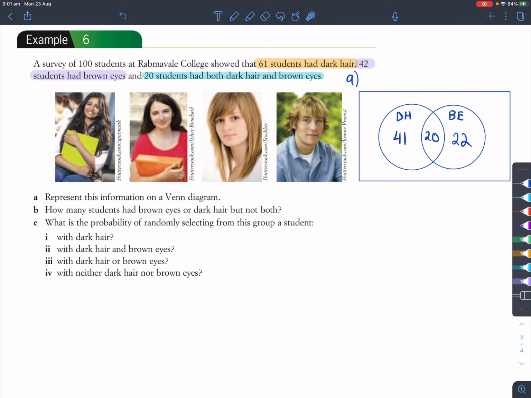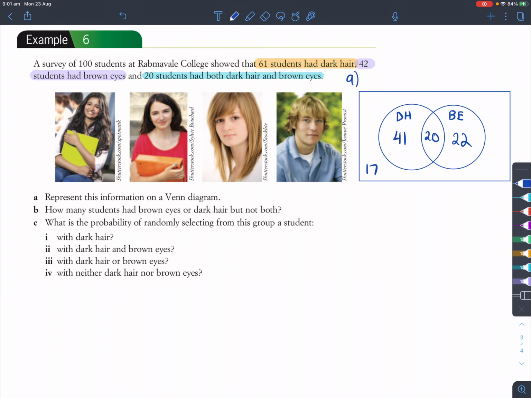So if there's 83 students, then what goes on the outside? Well, we've got 100 students in total, right? So if we get 100 minus 83, then we should get the number 17 outside. So these 17 students do not have dark hair, and they don't have brown eyes at all.